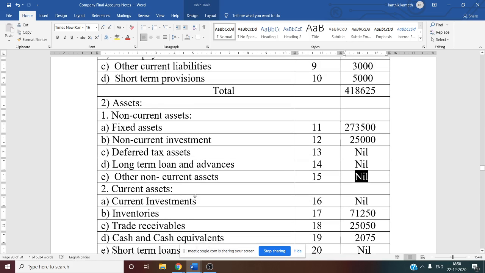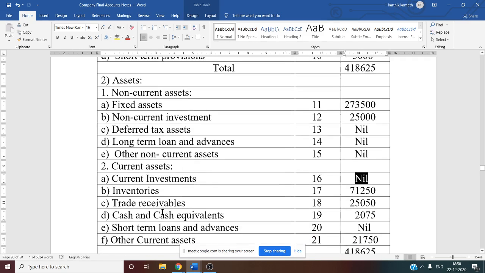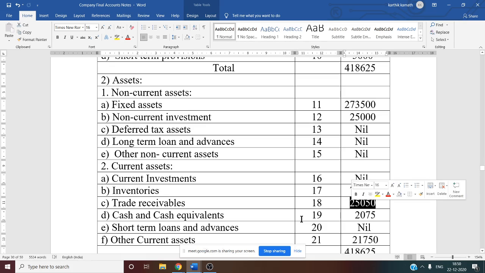Then current asset, if you see the current asset total, under that total 6 notes are there. Current investment working note number 16, that is nil, not there. Inventory, only closing stock. Only closing stock directly from adjustment, 71,250. Next, trade receivable, that is only debtor directly from trial balance, 25,050.